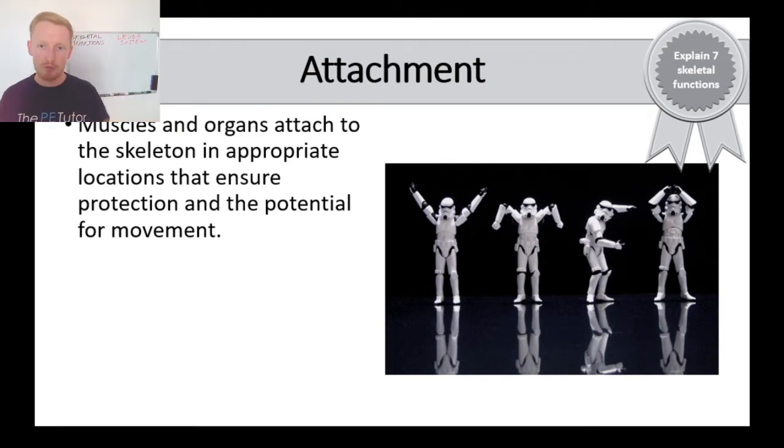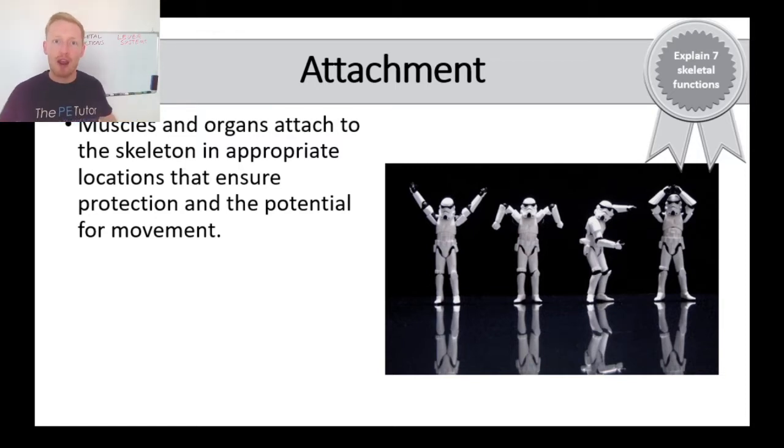So first 2 purposes, movement and attachment. What roles does the skeletal system play? So attachment here, yes, we've spoken about movement, but organs as well. Organs can line the inside, or they might have an insertion where it provides this hanging space.